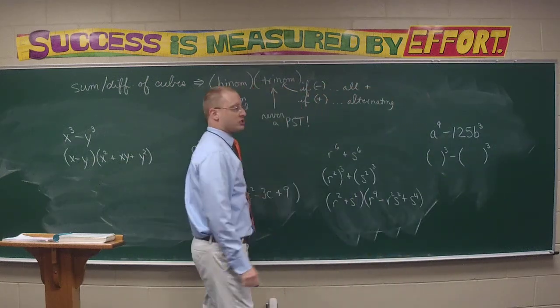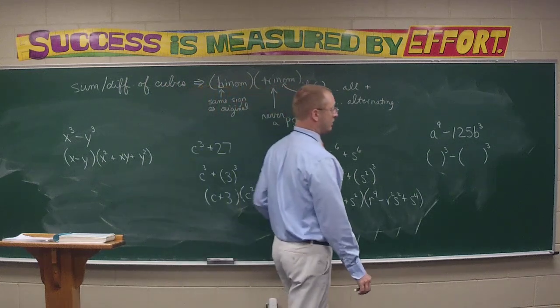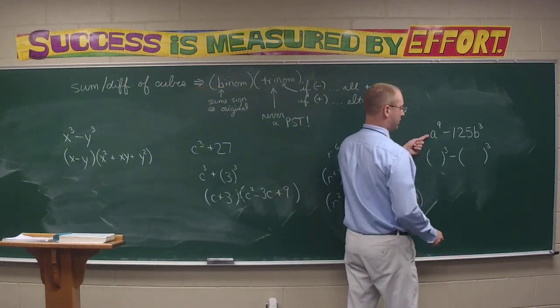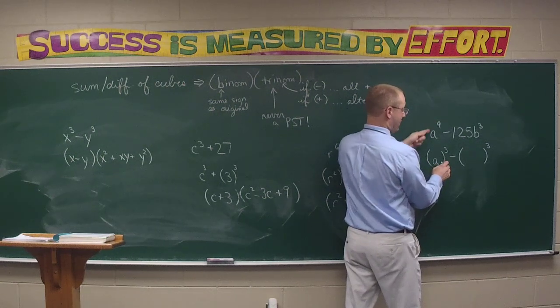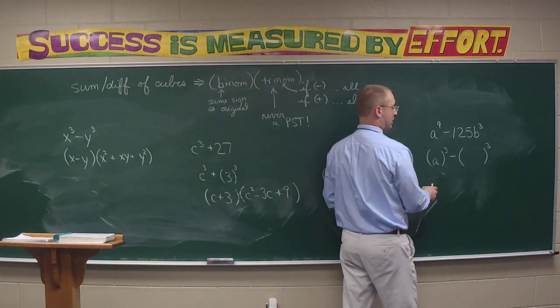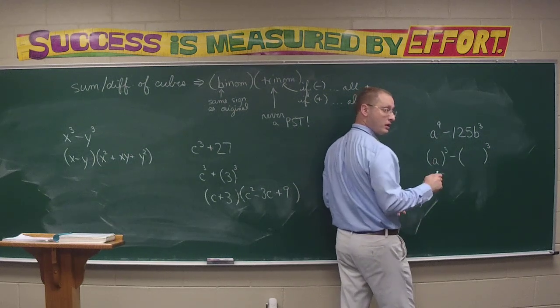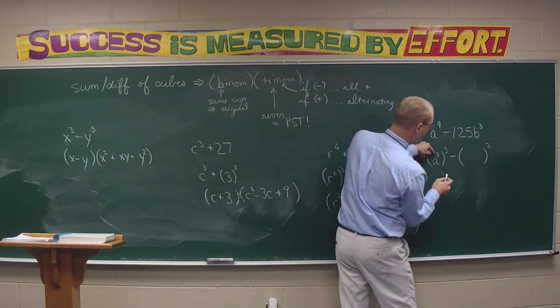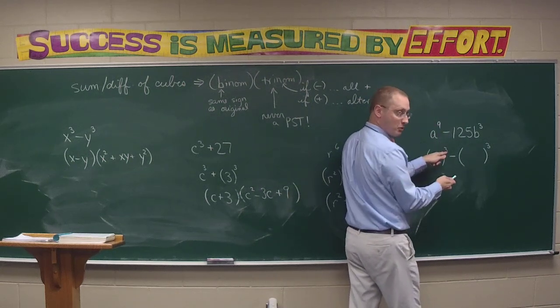What goes in the first set of parentheses, Genesis? What is being cubed right here? Well, no, a is to the 9th. So what's being cubed? Audrey? A cubed, right? When you raise a power to a power, multiply the exponents, right? So this must be a cubed that's being cubed, right?